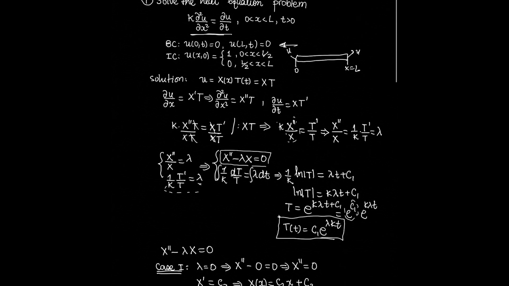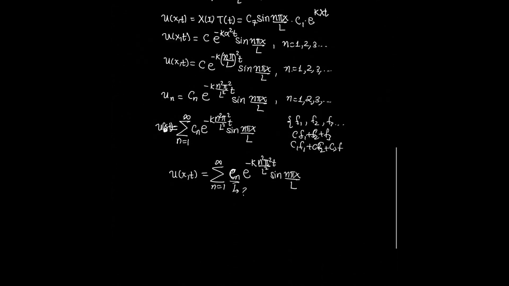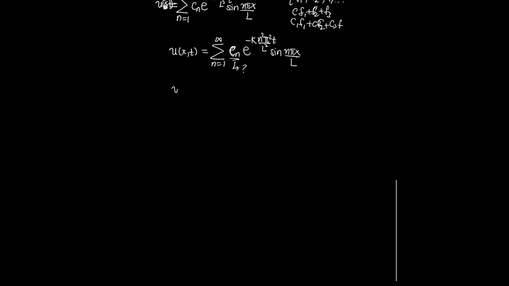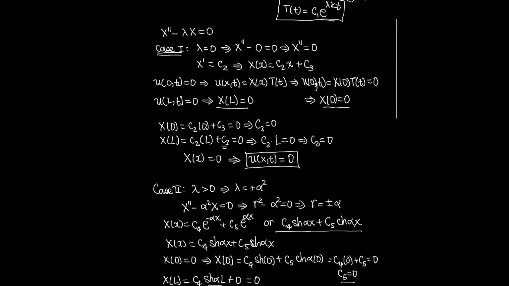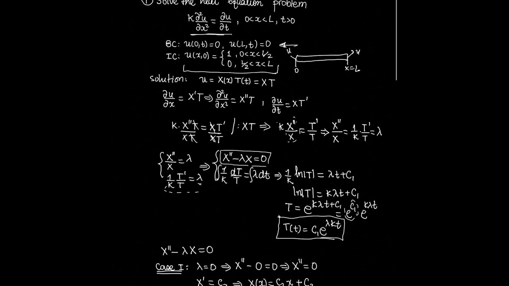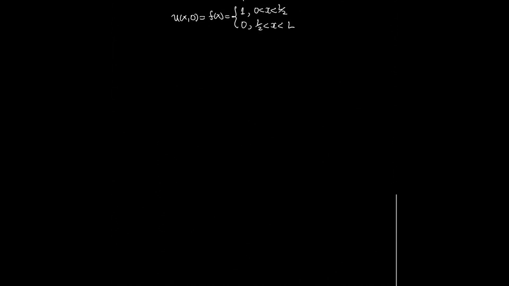Let me just go back. It was given here. The initial condition was given at t equal to 0, some function f(x), which was 1 for 0 less than x less than L over 2 and was 0 for L over 2 less than x less than L. Let me just confirm it. Okay, yeah, that's the initial condition.